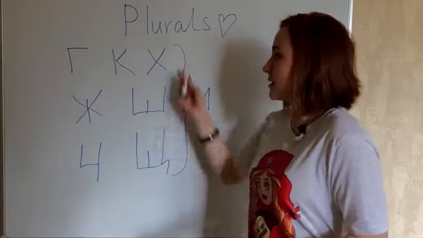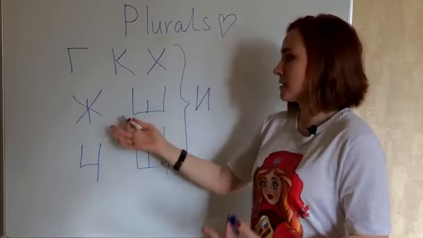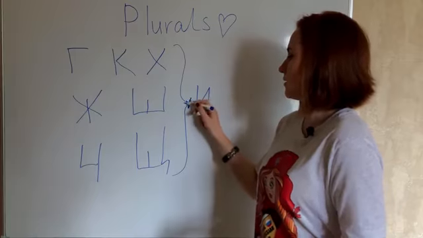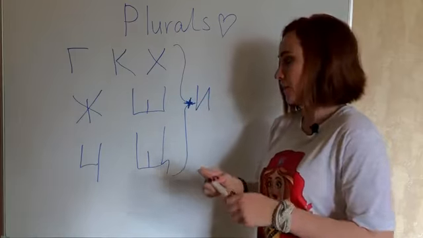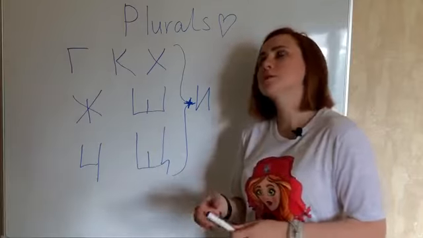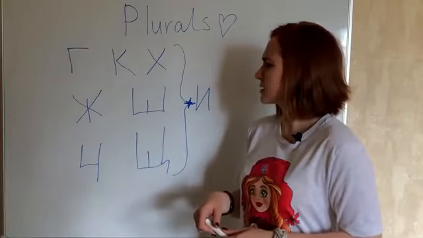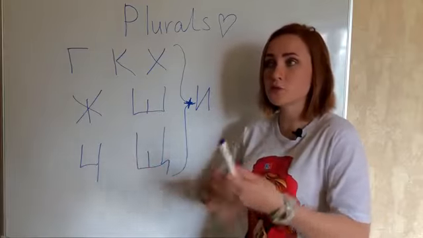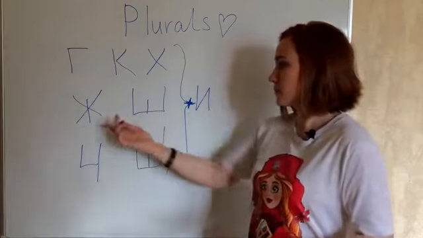But with these letters, these sounds, we add E. Actually, there is no logic to this, I guess. It's just something that came to the Russian language with its development in time.